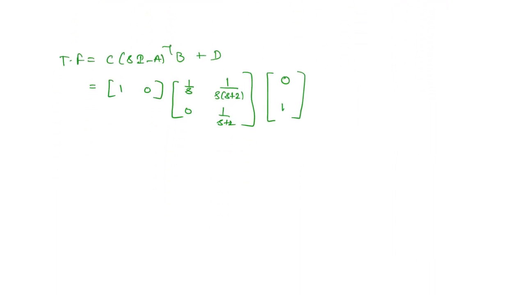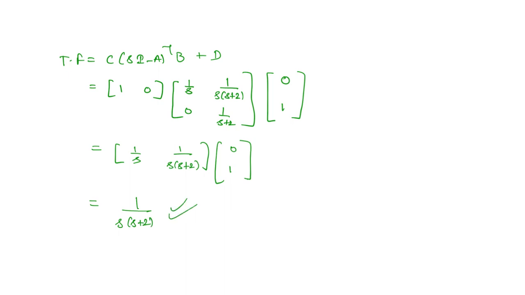So here you are going to get 1 by s into 0, and then 1 by s into (s+2) into 1. This will give you 1 by s into (s+2). This is the transfer function.